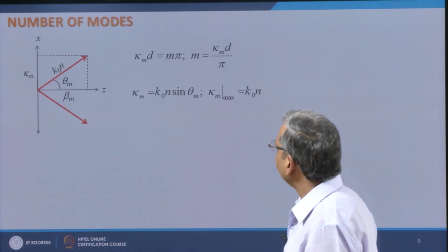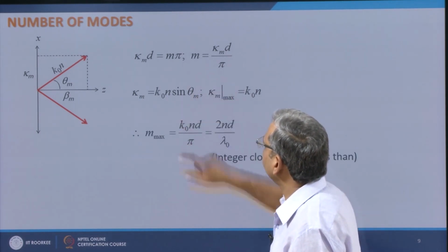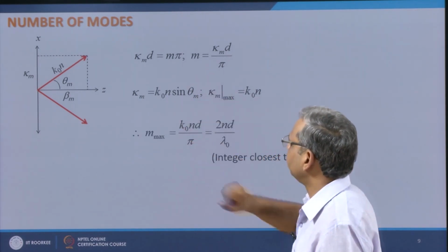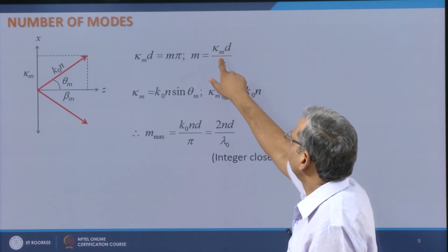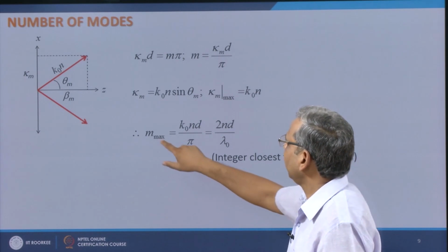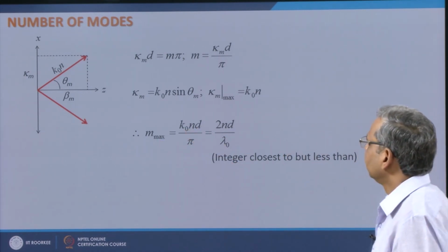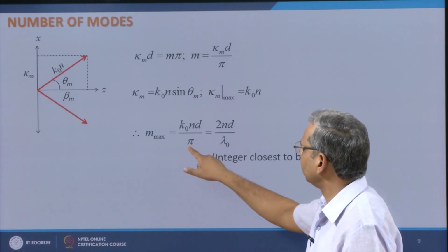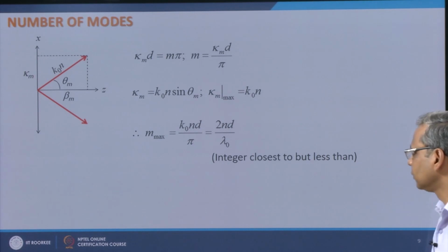So the maximum value of km is k naught n, and this will give me the maximum value of m. So m max would be k naught n by pi, and k naught is equal to 2 pi over lambda naught. So this would be 2 n d over lambda naught.